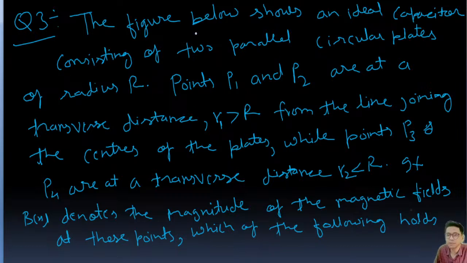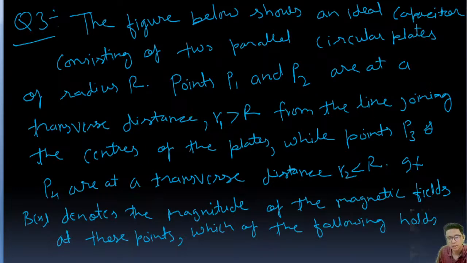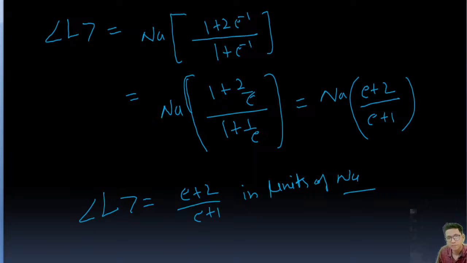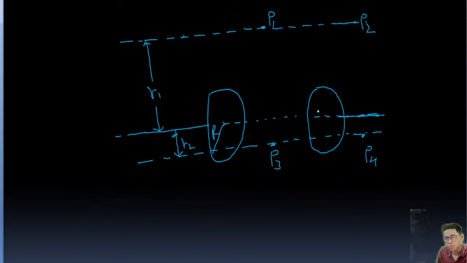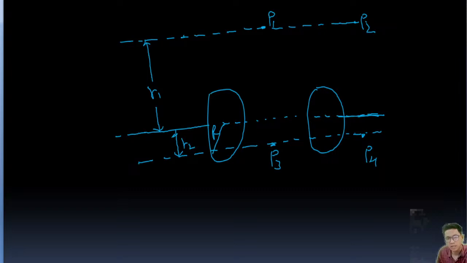So the question is: the figure below shows an ideal capacitor consisting of two parallel circular plates of radius r. So radius of this and radius of this is r.